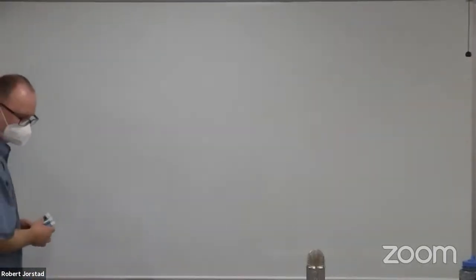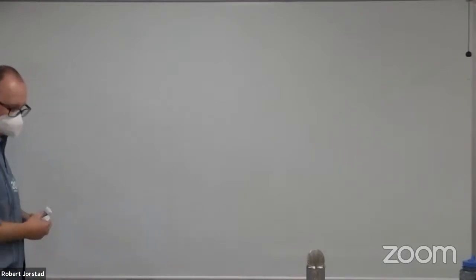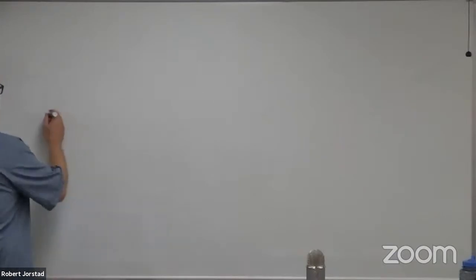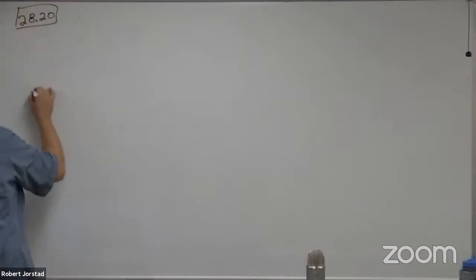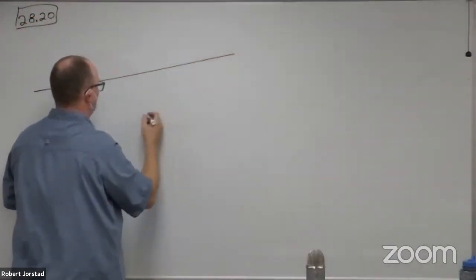28.20. Okay. Yeah, I like that one. This was an old test question, so this is a good one to ask about. It's also one students tend to flail about. I love this one. I love all these problems. That is a problem, all right?